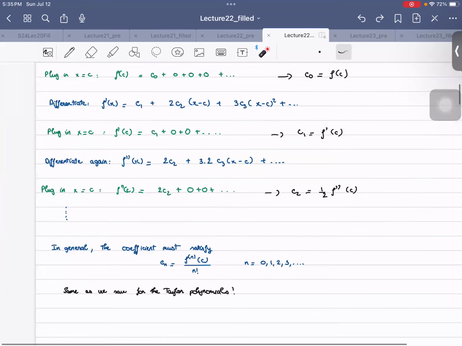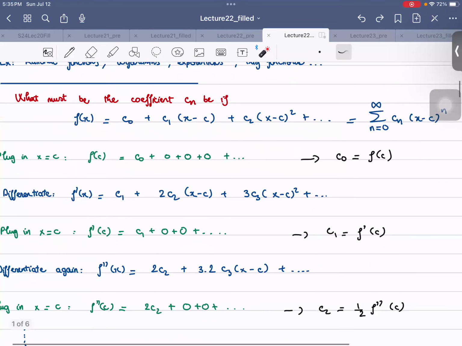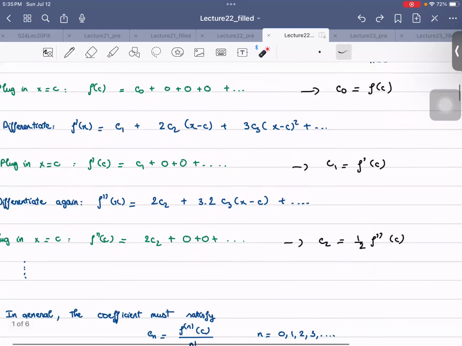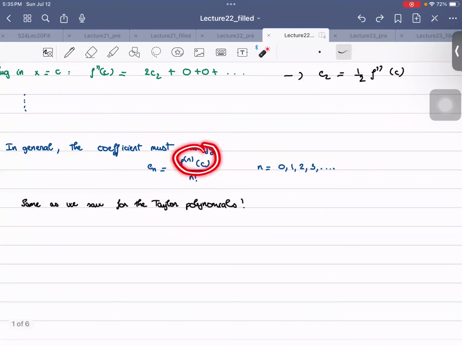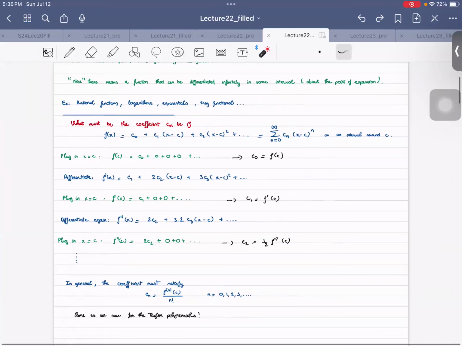So the general formulation to compute every coefficient in your power series is, if you want to compute cn, you need to compute the nth order derivative of your function. You evaluate that nth order derivative at the point where you expand your series.